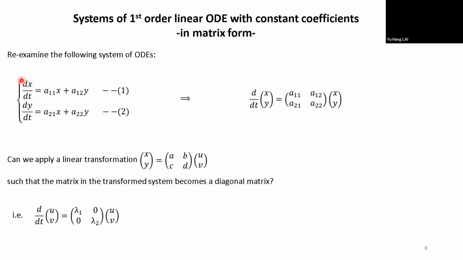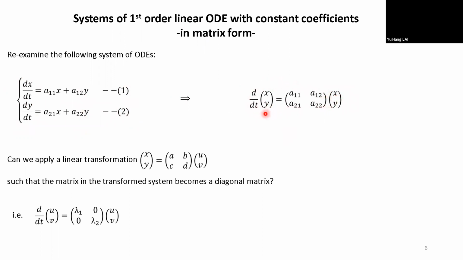If I have this linear system of ODE, and I write it in the so-called matrix form, it will look something like this.